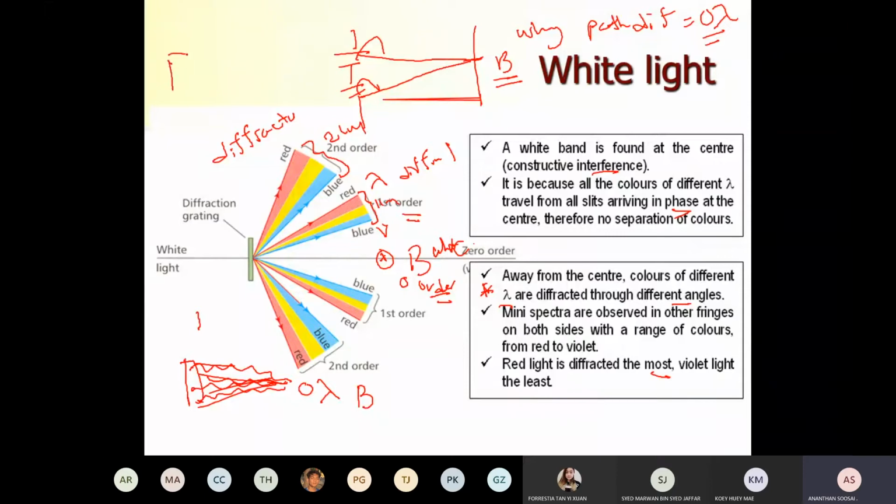So for a diffraction grating with white light, the center will be white, the first order happens here, and the second order is even longer. For the third order, there will be a chance of overlapping. A third order can partially overlap with the second order, because the length of each order gets longer and longer. Overlapping can happen. I will talk about this later.